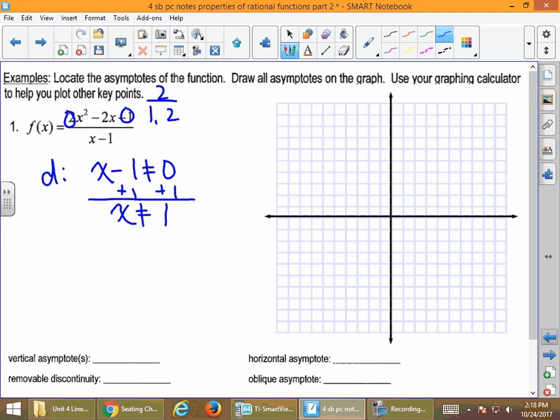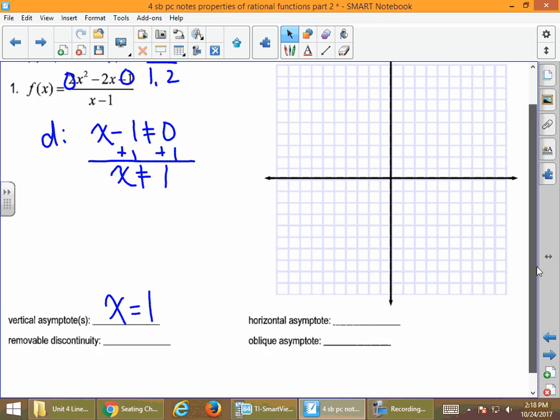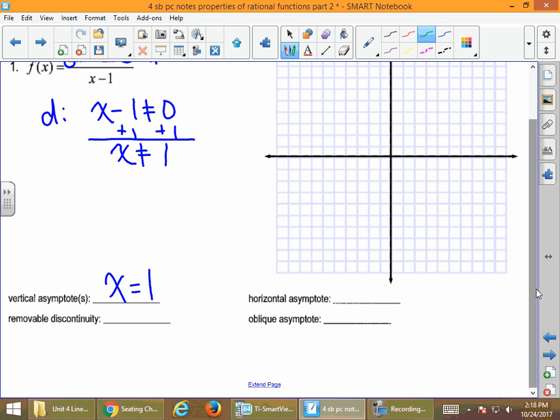So, in terms of our vertical asymptotes, we're just going to have x equals 1. And again, we didn't cancel anything out. So we're not going to have any removable discontinuity. So you can put none or NA for not applicable.